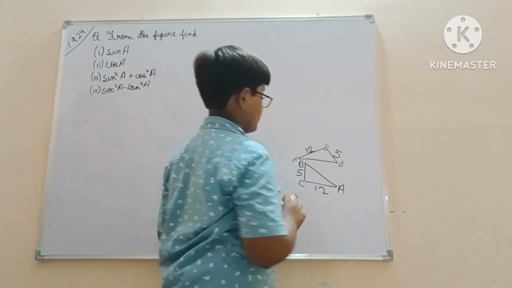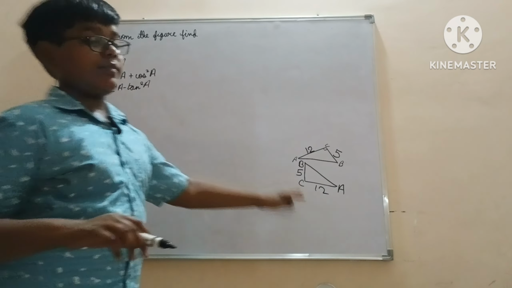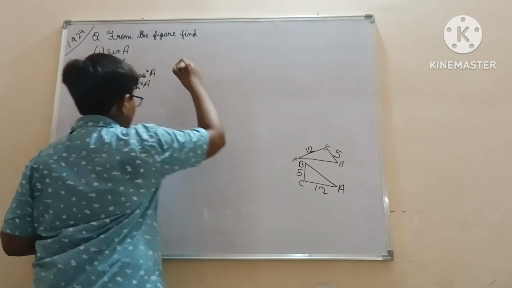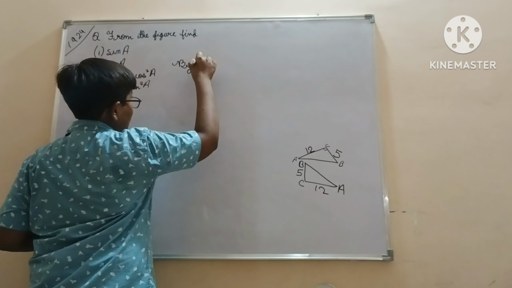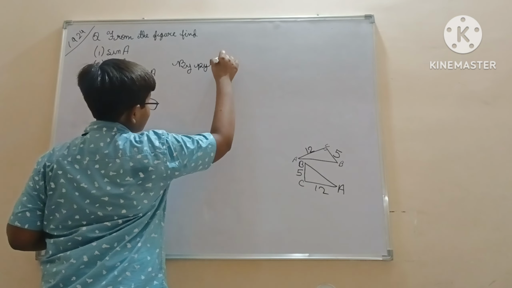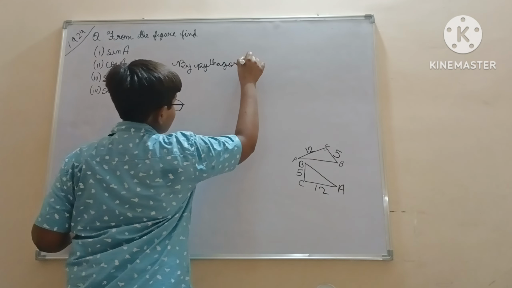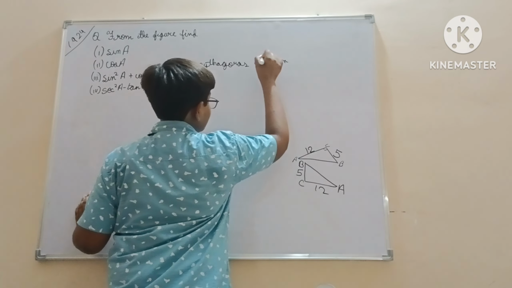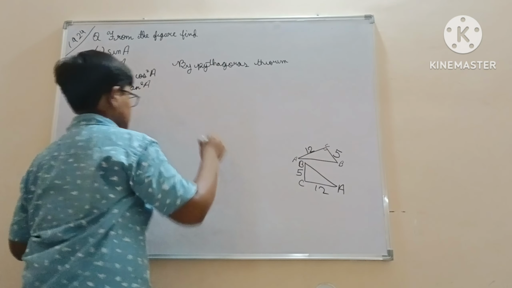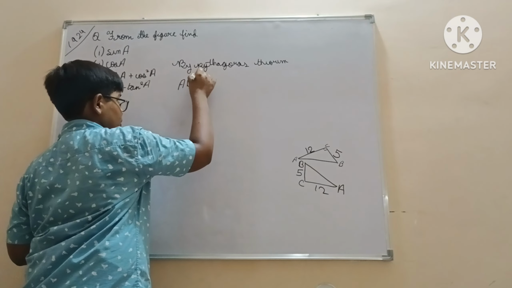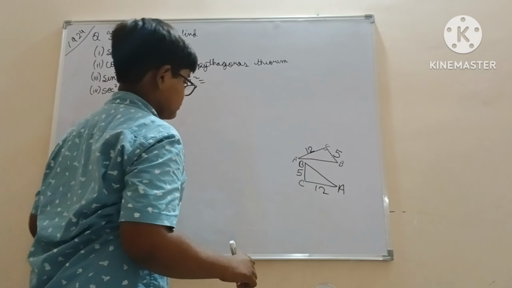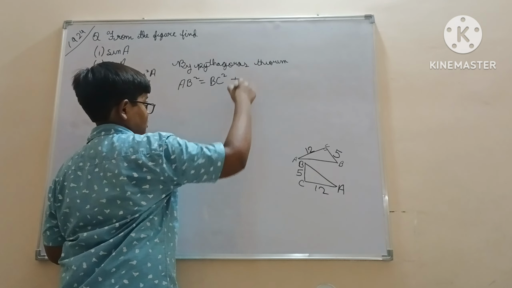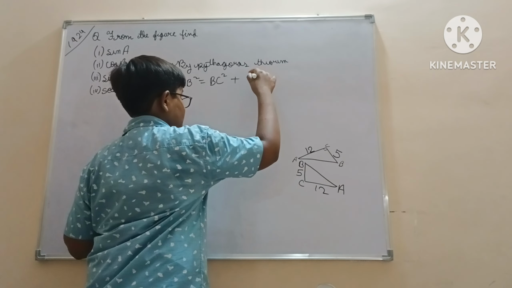So now we will find AB, which is the hypotenuse of the triangle, by Pythagoras theorem. The hypotenuse AB square gives us BC square plus AC square.